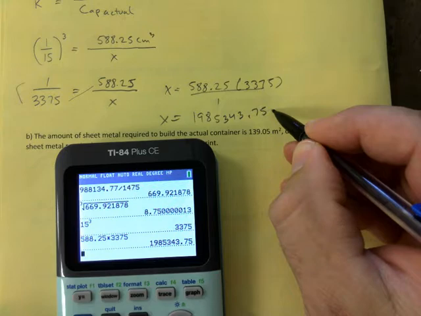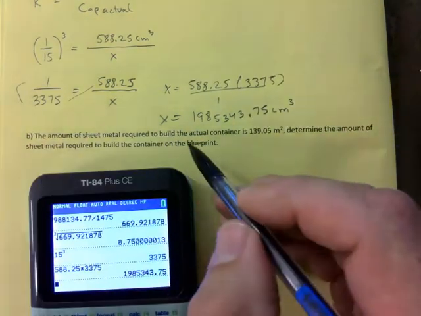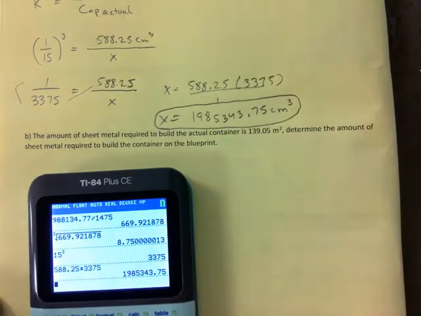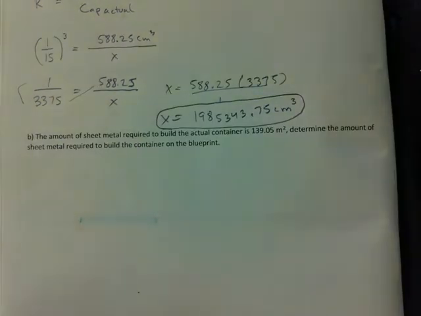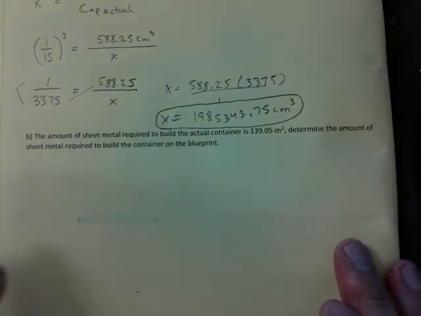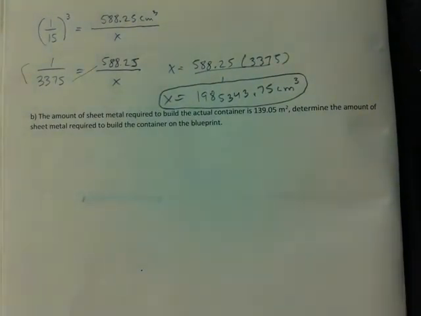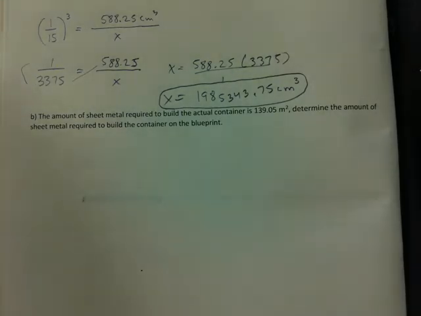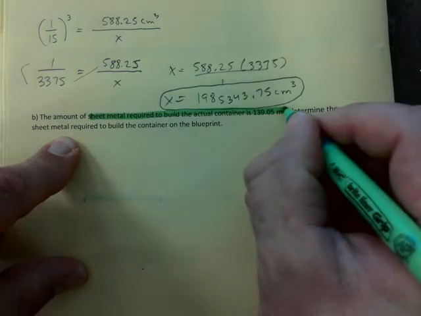And what units am I in? Centimeters cubed, right? It didn't ask me to convert it, so I'm just going to leave it like that. Okay, so that's 3D, we got it. The amount of sheet metal required to build the actual container is this.